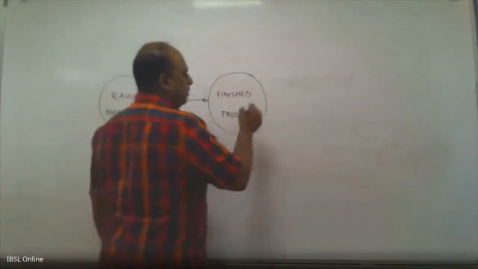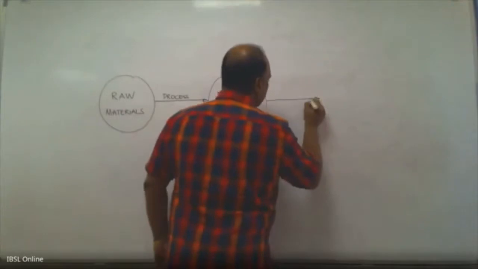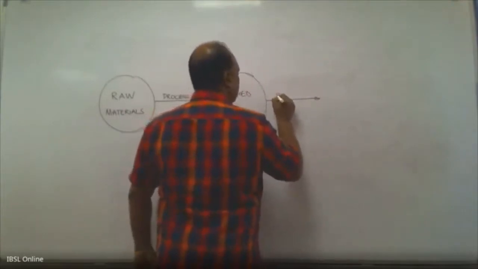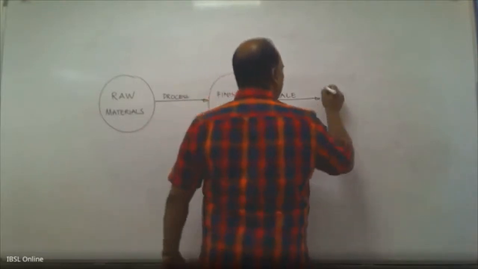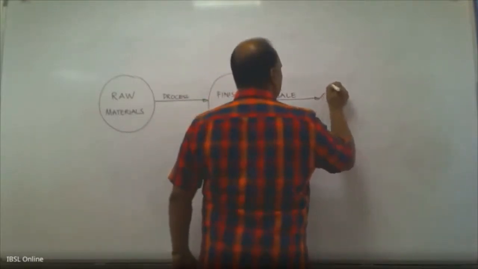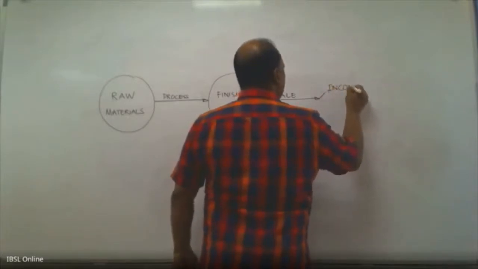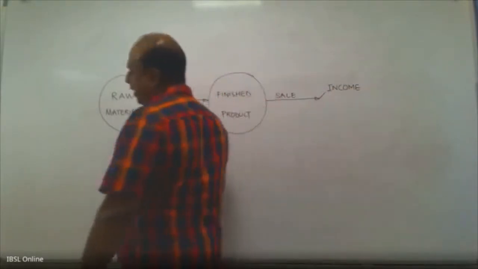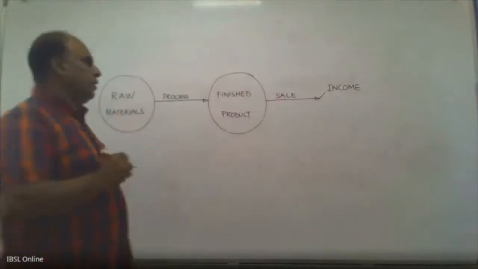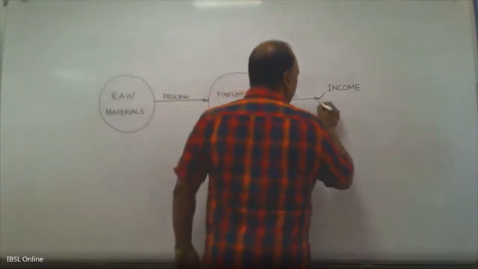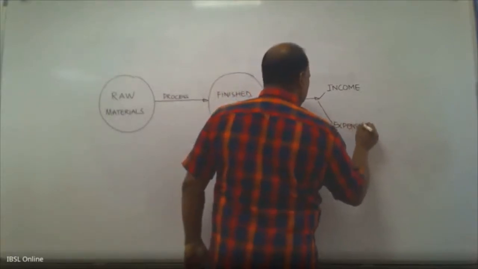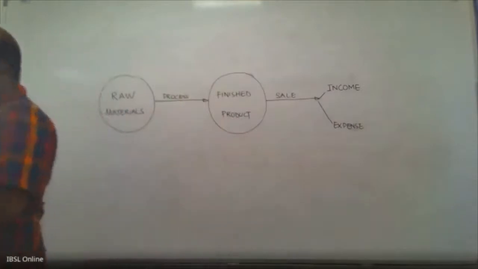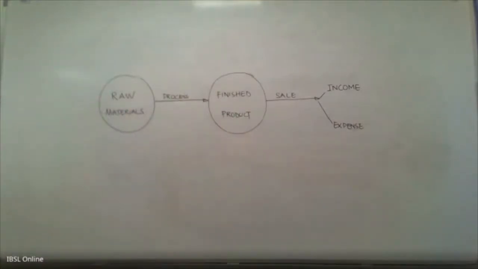Okay. Then what happens? Sale. At the point of sale, there is an income as well as an expense that you have to recognize. This is how the process is.